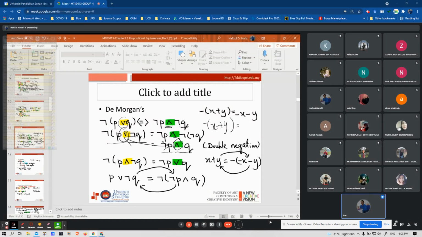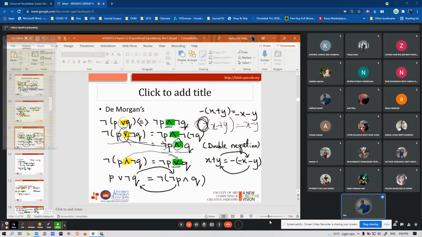Negative x plus 1, we must complete the outer operation of the statement, negative x and negative y. And then negate P and Q, this one conjunction should be disjunction.